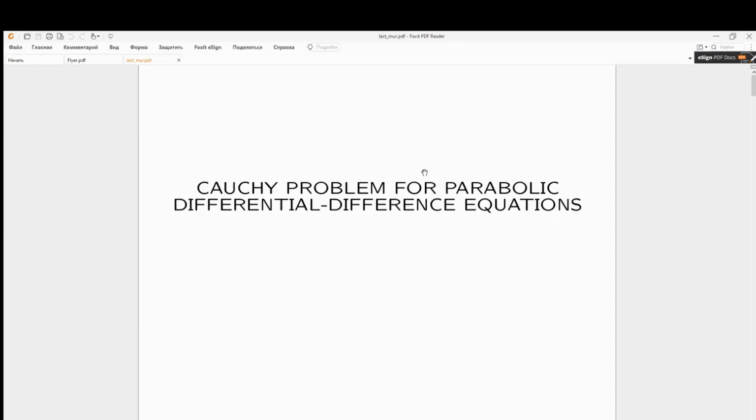Well, now 40 and even more than 40 years have passed, and we know that it is not enough to restrict our consideration only to differential equations. There are many phenomena in the surrounding world that differential equations are not enough to describe.